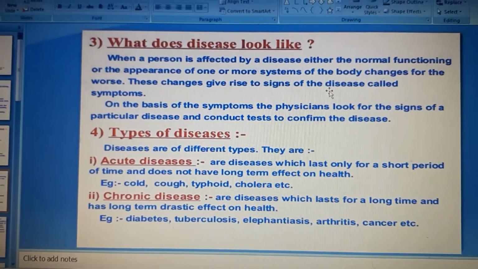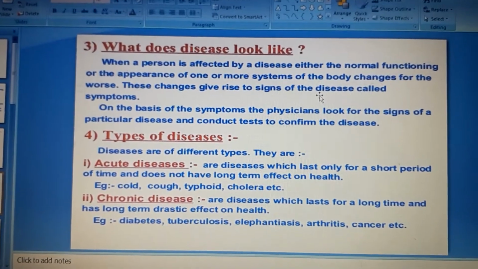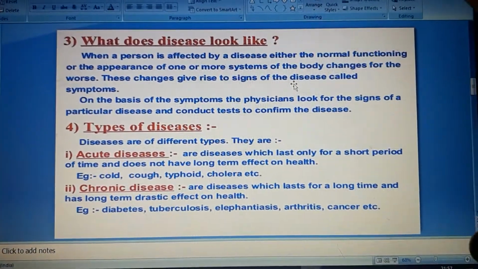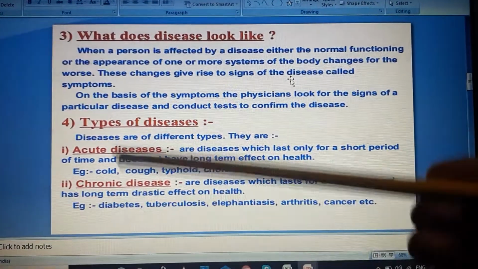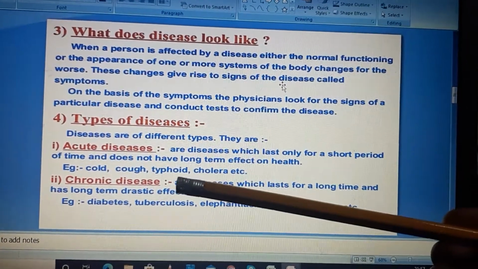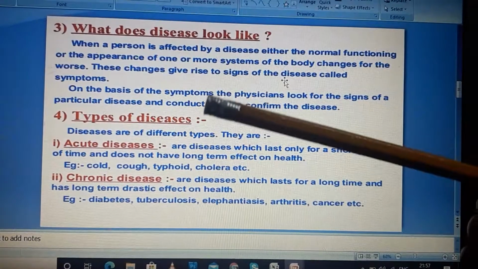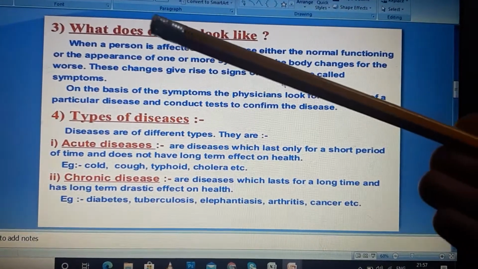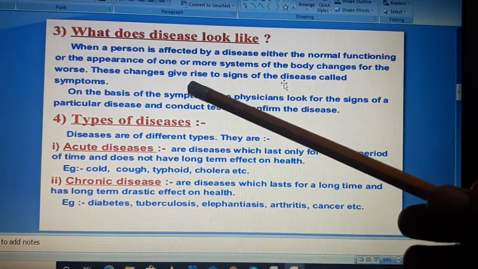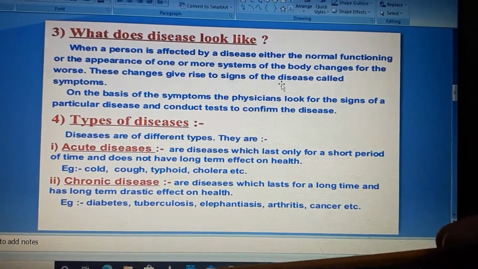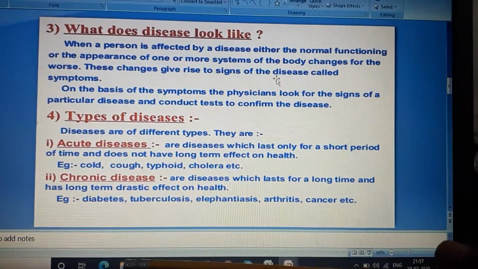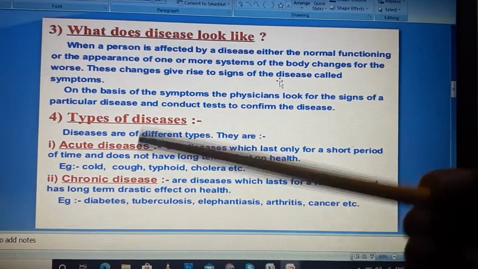Now, how does a disease look? When a person is affected by disease, either the normal functioning or the appearance of any system of the body changes or worsens. These changes in the body give rise to disease, and the disease will show some symptoms.